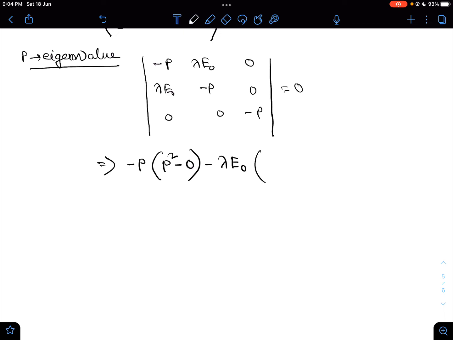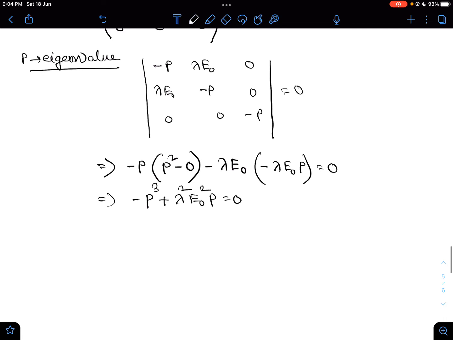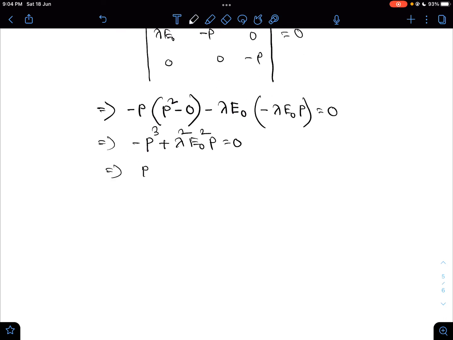For that we will get minus lambda E0 P. So we are getting P cube minus P cube, and here we have lambda square E0 square P. If we take P common, then we have P multiplied with P square minus lambda square E0 square. So what are the values of P? P has values 0, plus minus lambda E0.